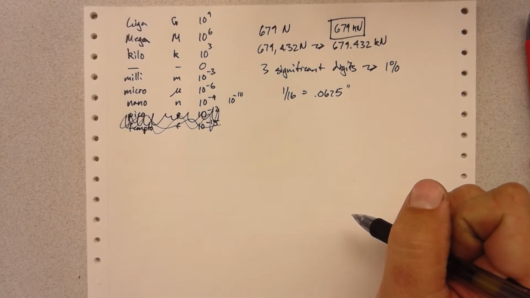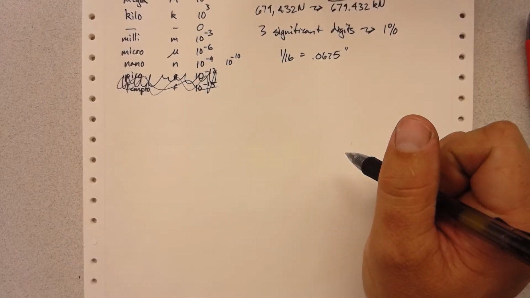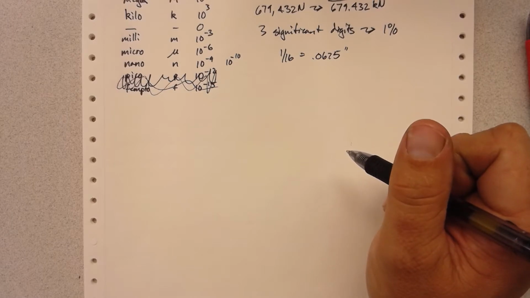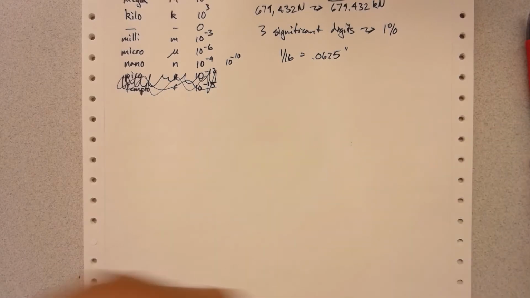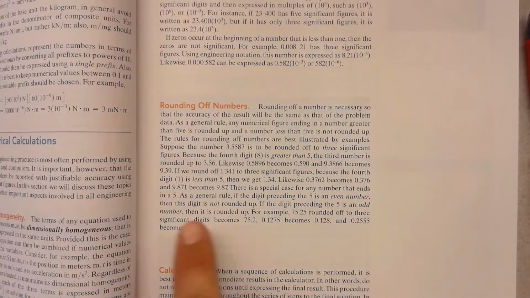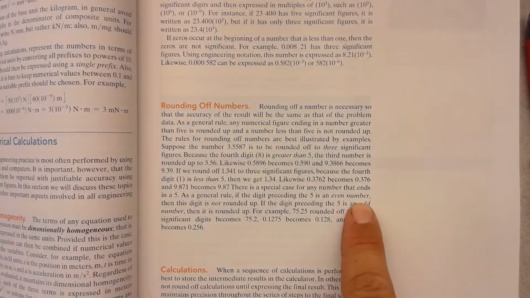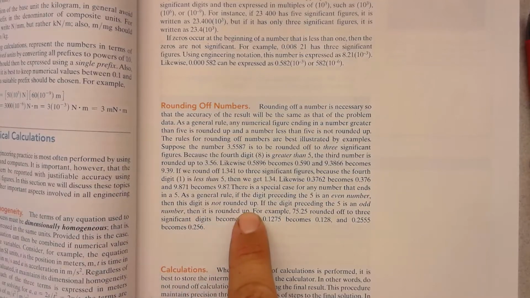Ah, good question. So Zach wants to know what my rounding rule is. How do you guys round the number 5? Up or down? Okay, that's because you're not communists. I love this book. It's so funny. They talk about rounding numbers, and this is the only book I've ever seen that does this. As a general rule, if the digit preceding the 5 is an even number, then the digit is not rounded up.